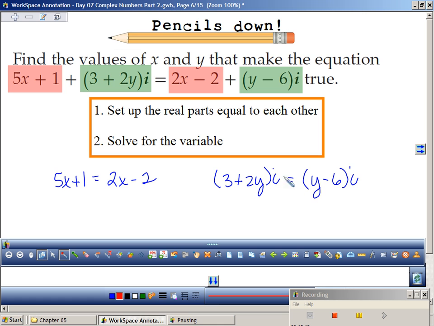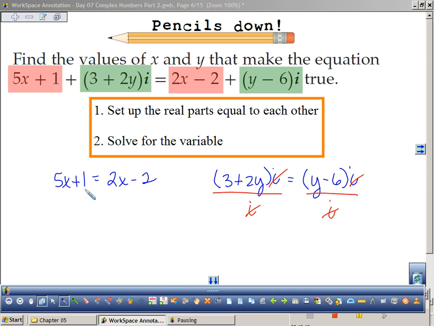I being multiplied by something, correct? So couldn't I divide both sides by i? Yeah? Cross them out. Cross them out. This side you just solve straight.